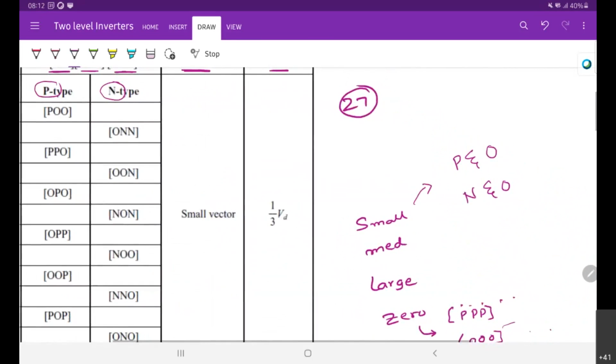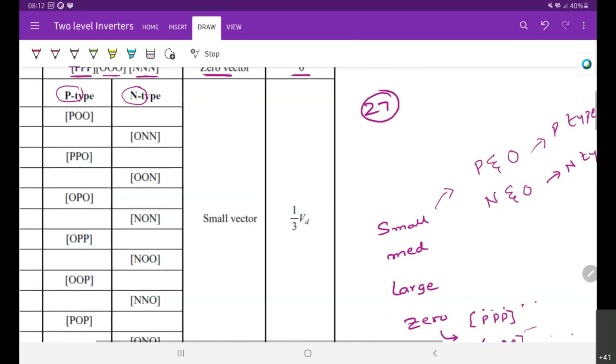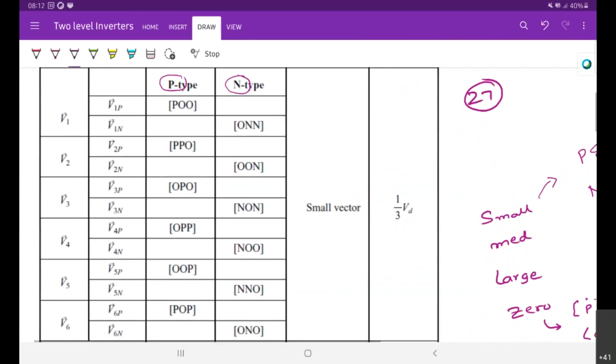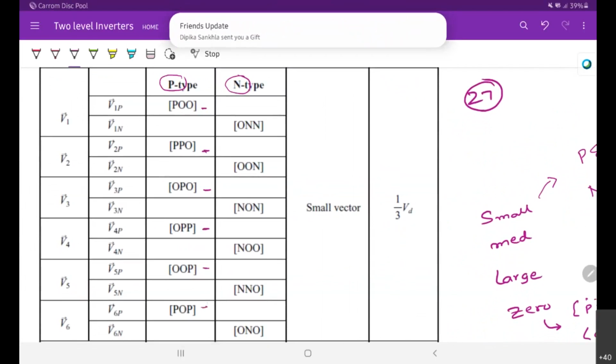In the case of the P type small vector, it consists of the P switching state and the 0 switching state, and the N type consists of N and 0. For the P type, the combinations are P00, PP0, 0P0, 0PP, 00P, and P0P.